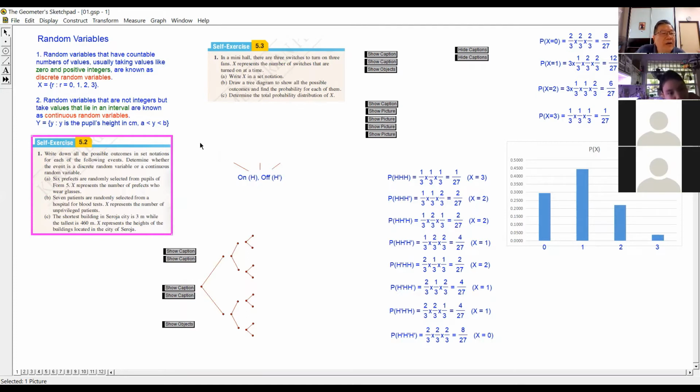B. 7 patients are randomly selected from a hospital for blood tests. X represents the number of underprivileged patients. C. The shortest building in Saroja city is 3 meters, while the tallest is 460 meters. S represents the height of the building located in the city of Saroja.